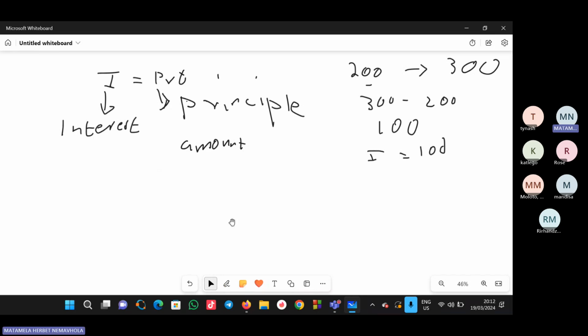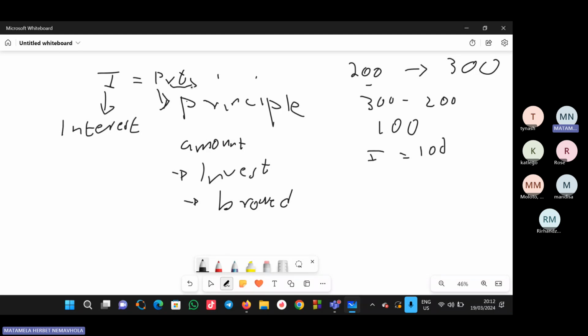The question can say you have invested. When you see the word invested, that amount, maybe for example 200, is going to be under P. Sometimes they can say you borrowed. The word borrowed normally also falls under the letter P, which is the principal amount.